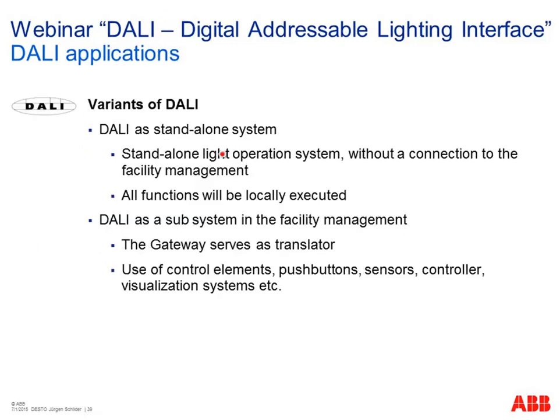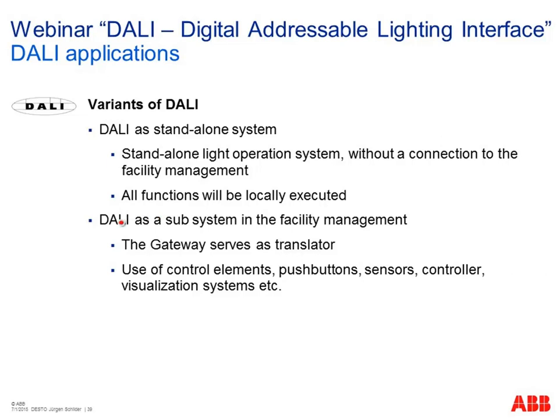So let me show you 2 variants of the DALI system. The DALI system was developed as a typical standalone system in maybe shops, in pubs or in small restaurants, for switching and also for dimming the light.